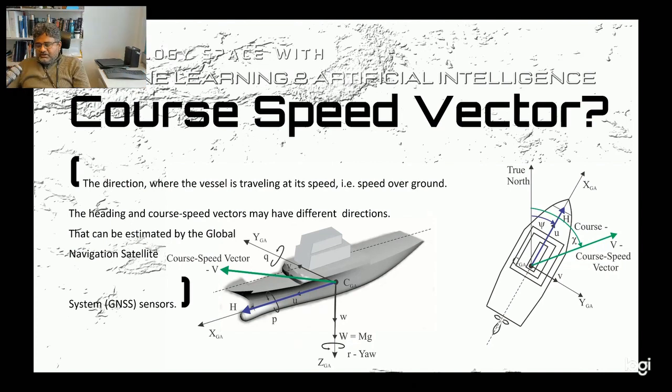The course speed vector is represented by V in this figure, and the course angle is represented by chi. And there are GNSS sensors that can estimate this course speed vector somewhat accurately in ship navigational situations.